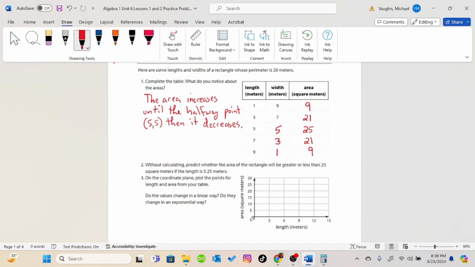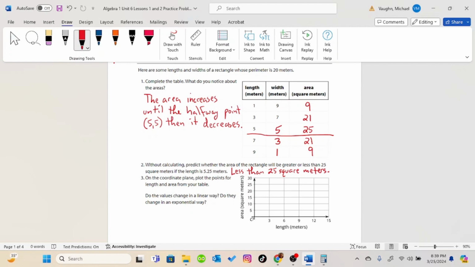So, if we increased to 5.25, now we're between these numbers right here, and the area was going down from 25 to 21. So it would be less than 25 square meters.